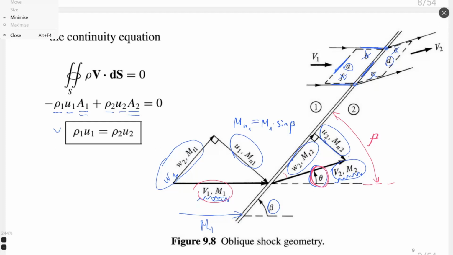This small angle here is a difference. Beta is bigger and theta is smaller, so we make a difference of angles, beta minus theta.